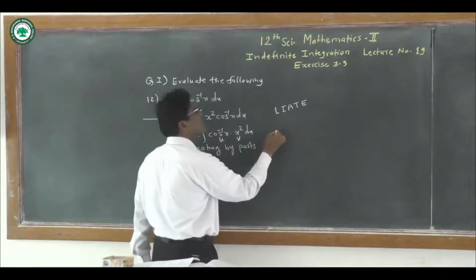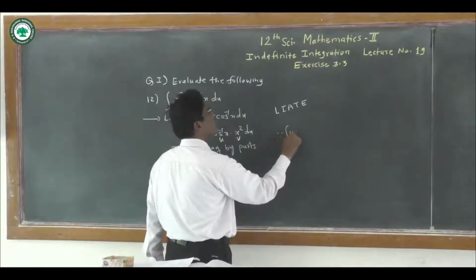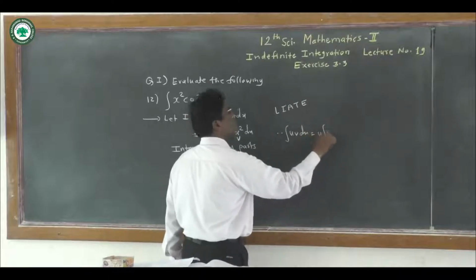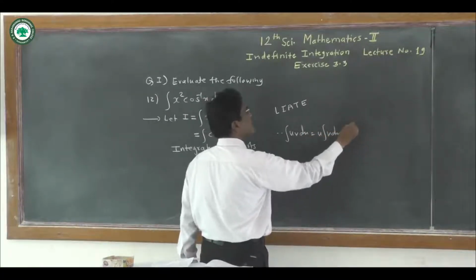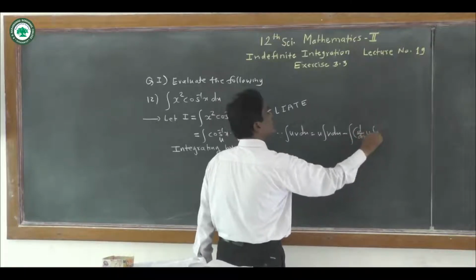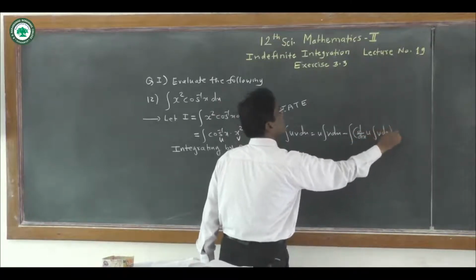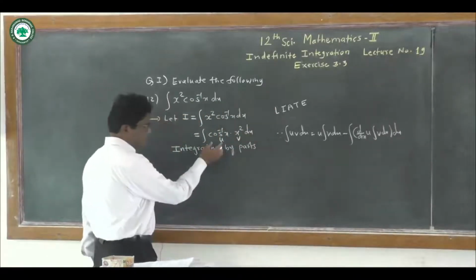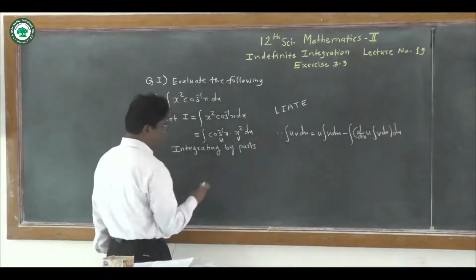What is the integration of uv rule? Integration of uv dx is equal to u into integration of v dx minus integration of d by dx of u into integration of v dx, with respect to x. So here we use this rule.